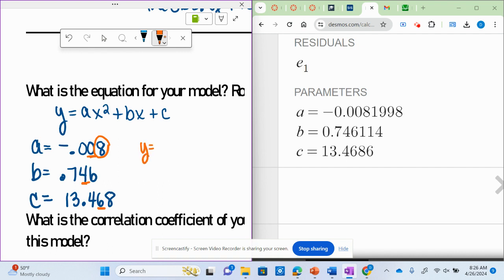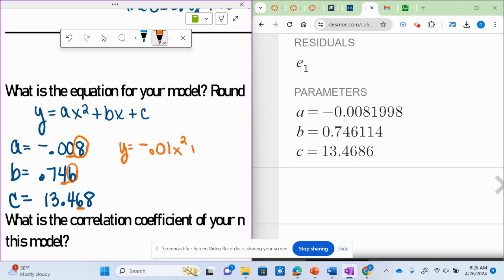Y equals negative 0.01 x squared. Okay. Does this 6 tell me to round my 4 up or keep it the same, round it up? So plus 0.74, whoops, not 74, 75 x.